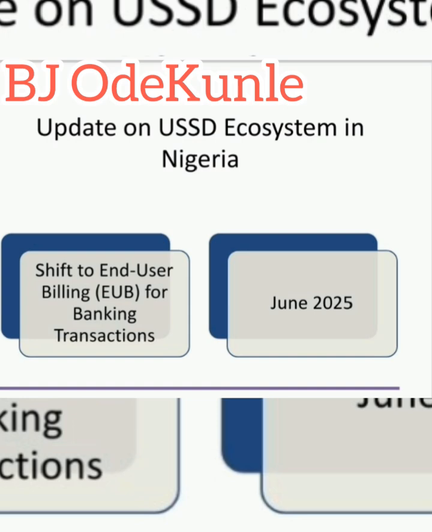It stands for Unstructured Supplementary Service Data, a GSM service that enables the real-time connection between a phone and a software application, typically the mobile operator's network. What this means is that it is a technology, and it allows an interaction between the communication tool that allows mobile phone users to access banking services through a simple text interface.